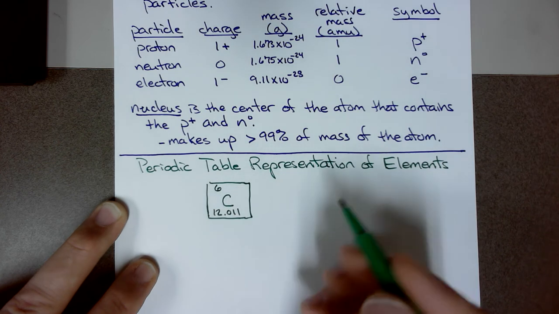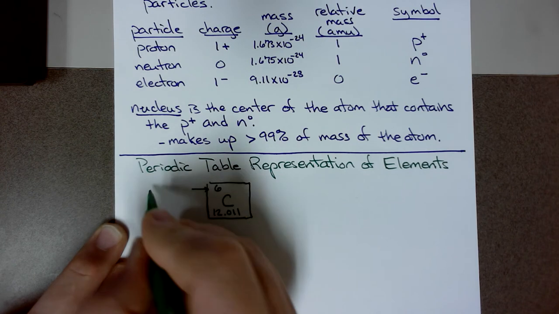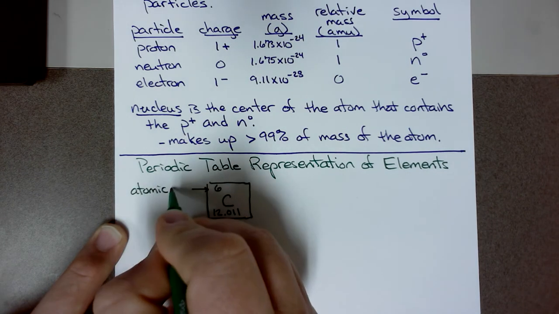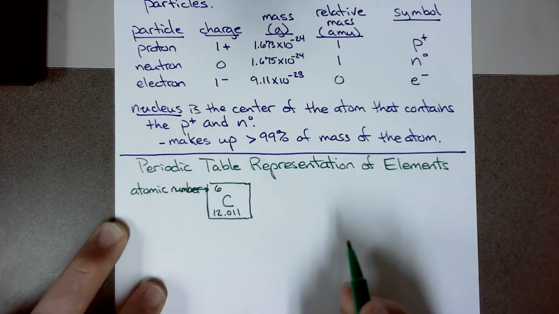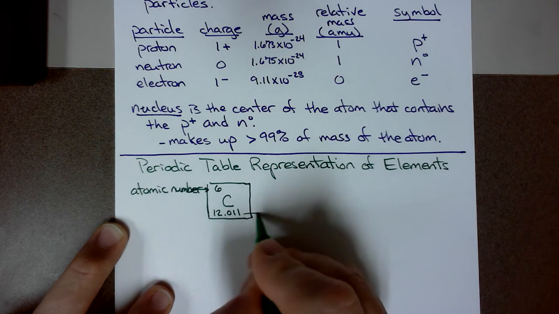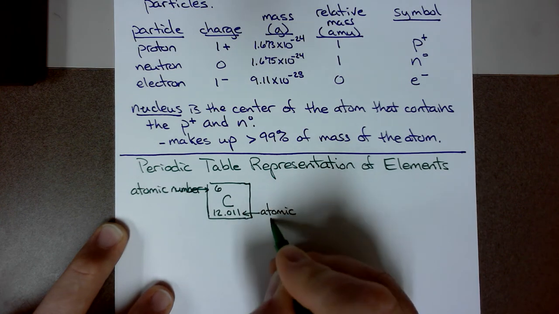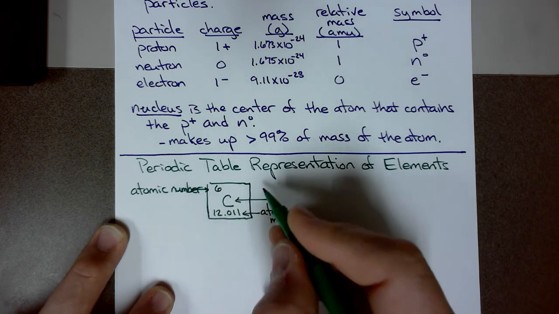Okay, so we need to make sure we identify each of these. This top number is the atomic number. This bottom number is atomic mass, and this is the element symbol.